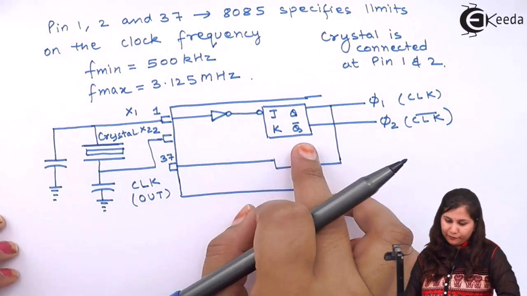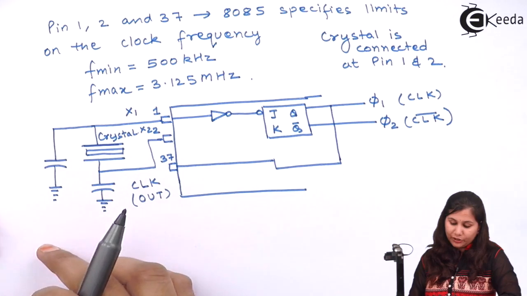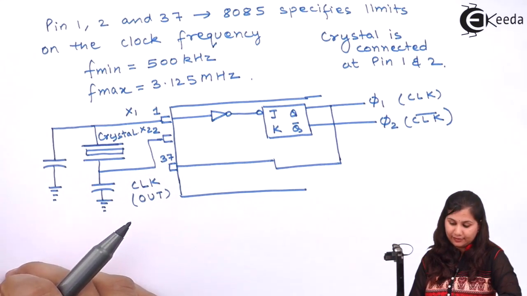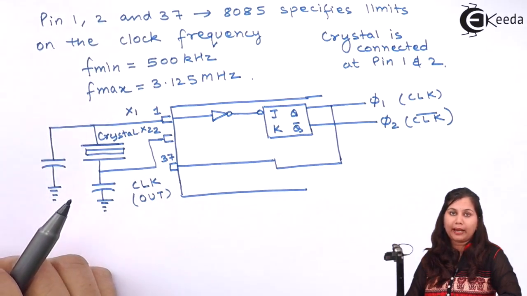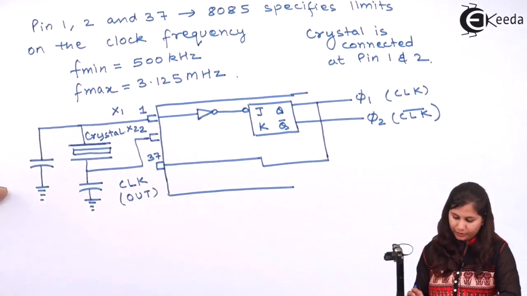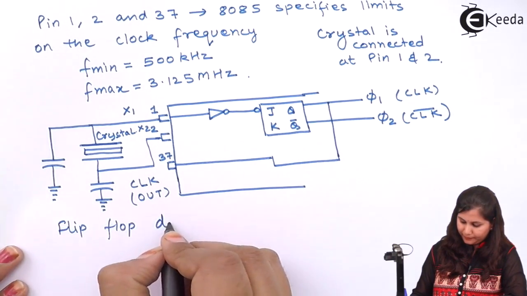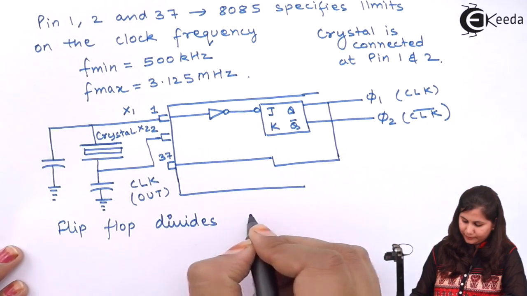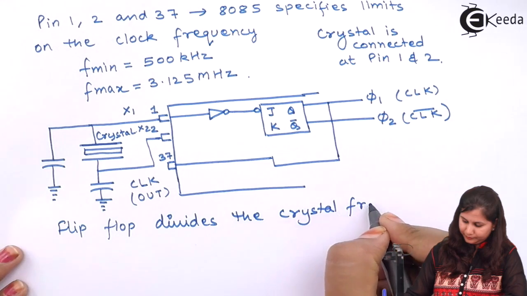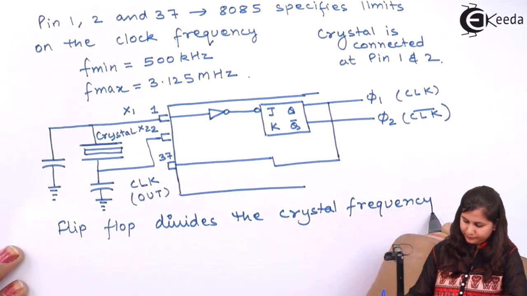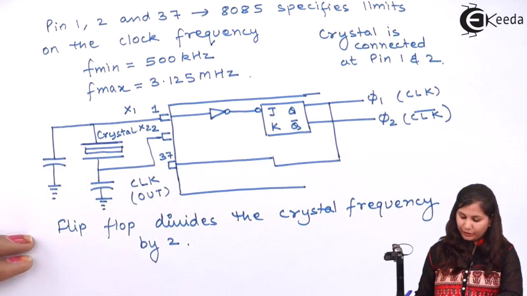So this pin is marked as clock out. Now this flip-flop will divide the frequency of the crystal by 2. Here we are using the crystal of frequency 6 megahertz and this JK flip-flop is going to divide it by 2. So the flip-flop divides the crystal frequency by 2.